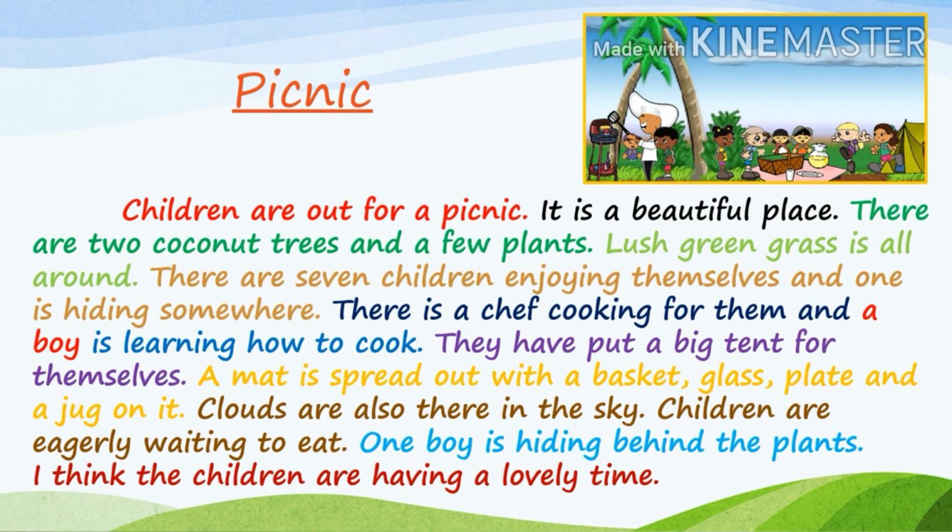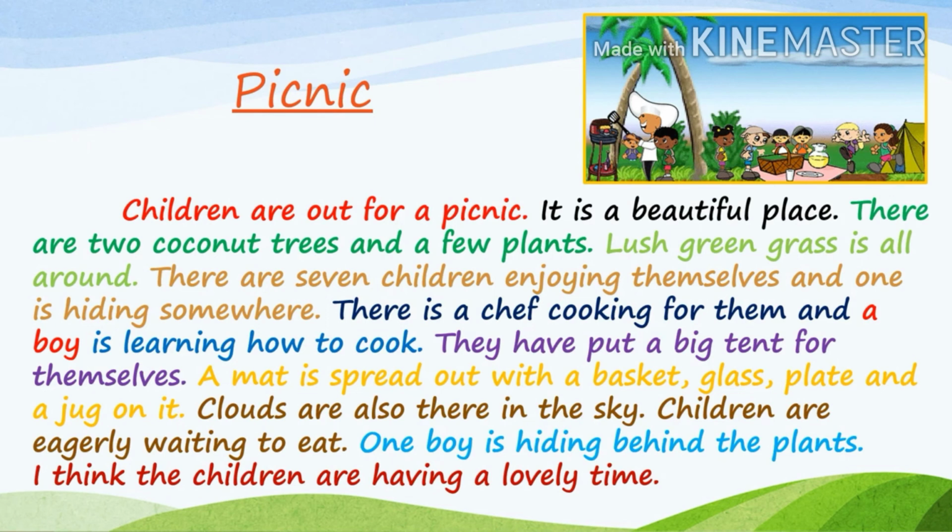It is a beautiful place. There are 2 coconut trees and a few plants. Lush green grass is all around. There are 7 children enjoying themselves and one is hiding somewhere. There is a chef cooking for them and a boy is learning how to cook.